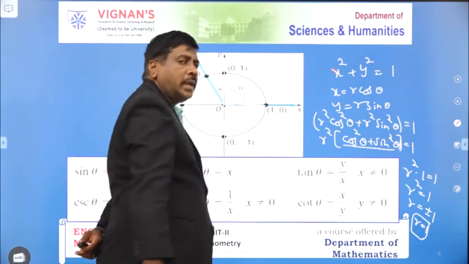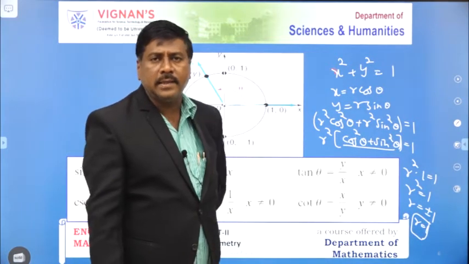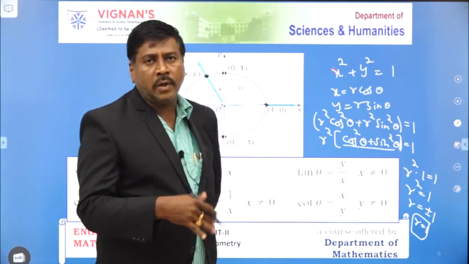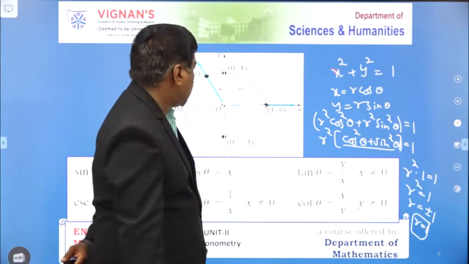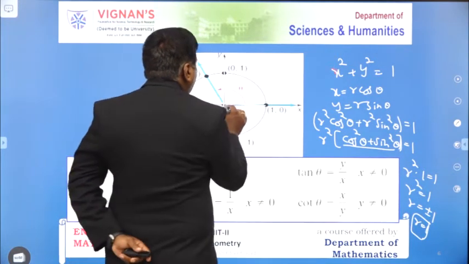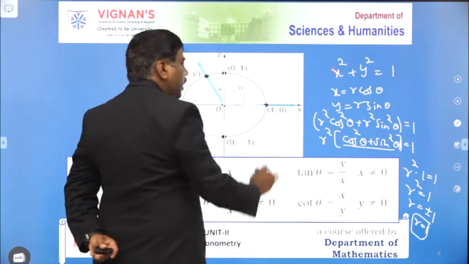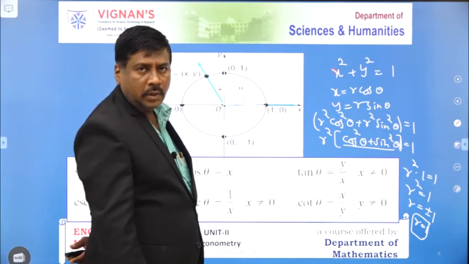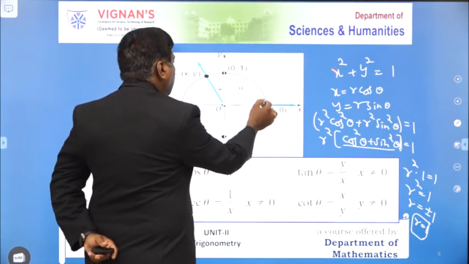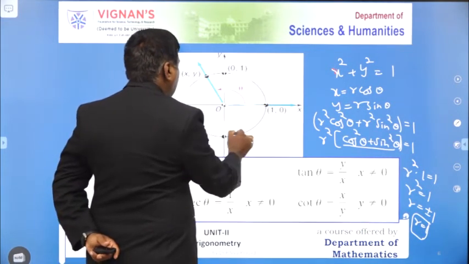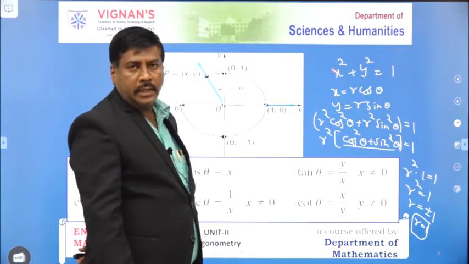The horizontal line you always consider as the x axis, and the vertical line as the y axis. In that, I consider one unit as the radius and draw a circle. This is called the unit circle.